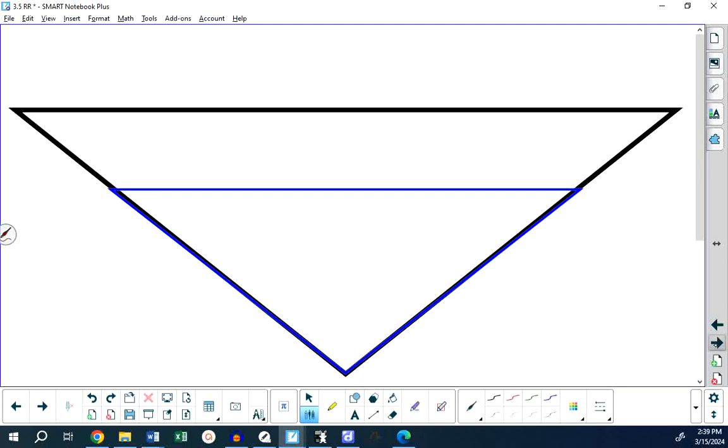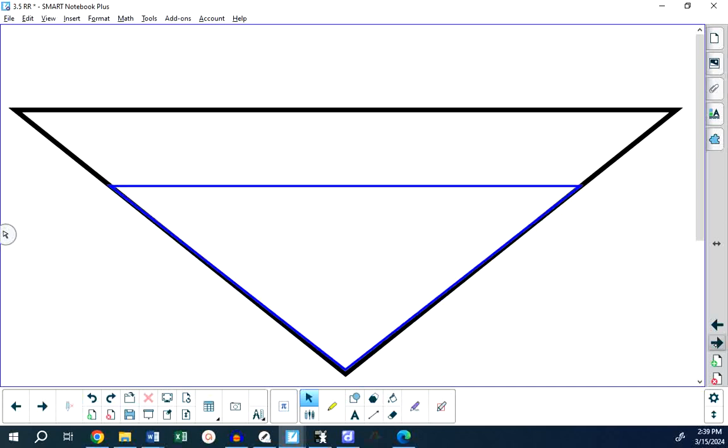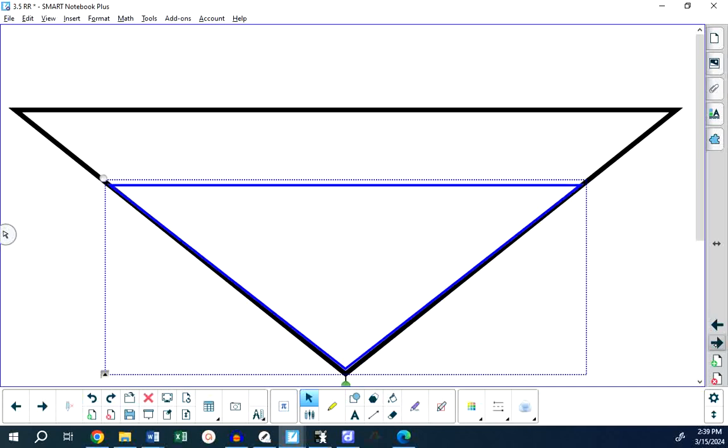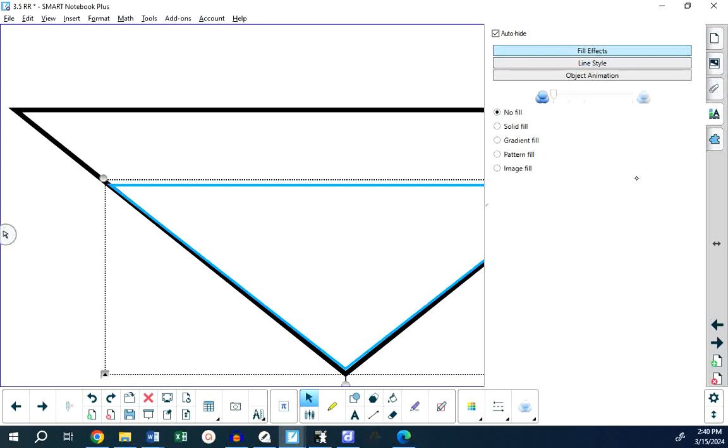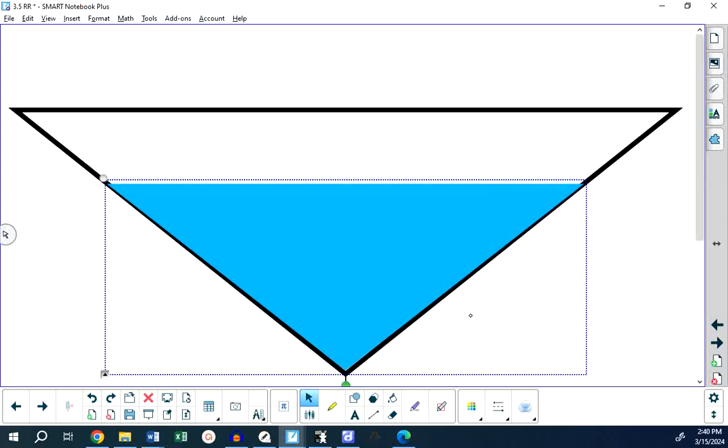Okay, and this blue triangle, I hate the color blue. This blue triangle, I'm going to tone this down a bit. This blue triangle is the water in the trough, right?